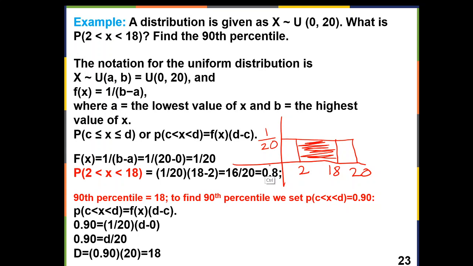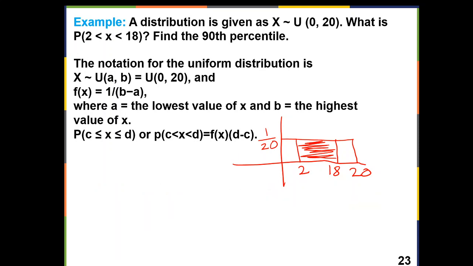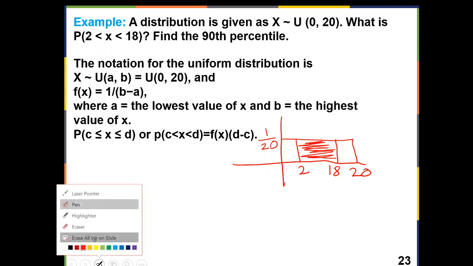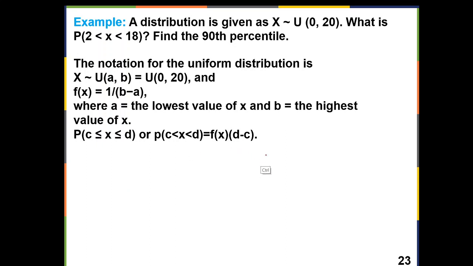So there's an 80% chance that x is between 2 and 18, right? That's the probability. Now, what about the second part of this? Well, the second part says, what is the 90th percentile? So let me erase this and rewrite it, redraw it.